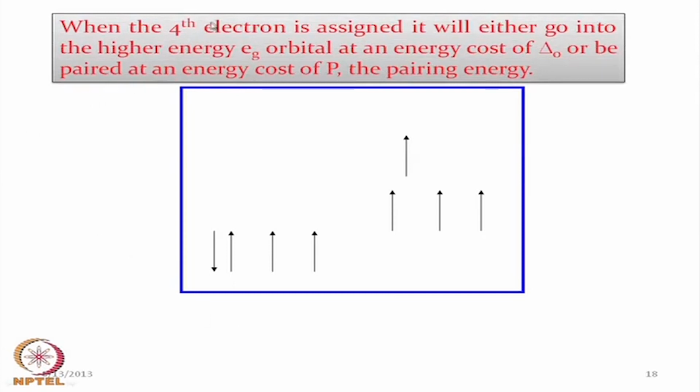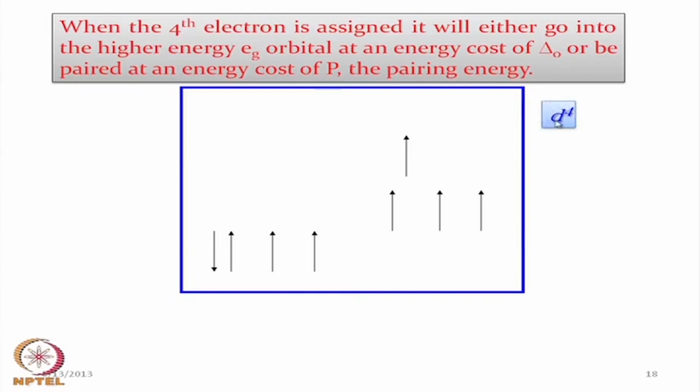So when we go for the fourth electron, what can happen? It can go either to the t2g level or the eg level at an extra energy cost of delta O, or be paired at the energy cost of P. So the balance is between delta O and P.